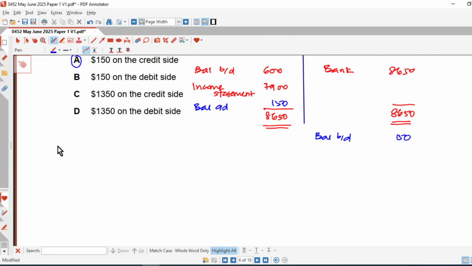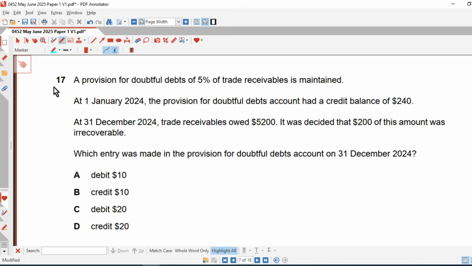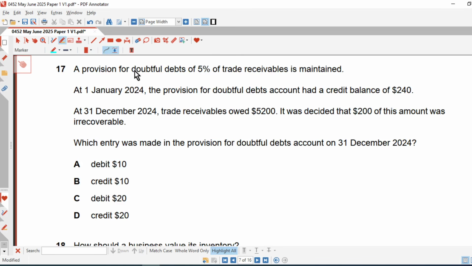Let's move on to question 17. A provision for doubtful debts of 5% of trade receivables is maintained. At 1st of January 2024, the provision for doubtful debts account had a credit balance of 240.